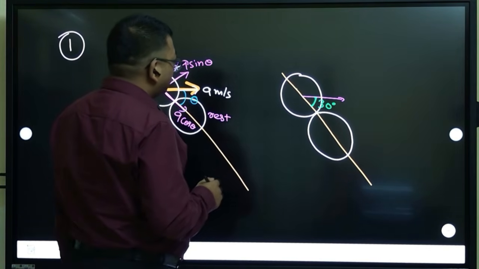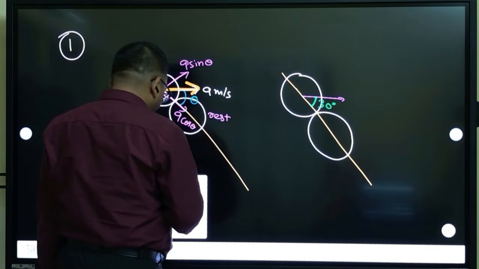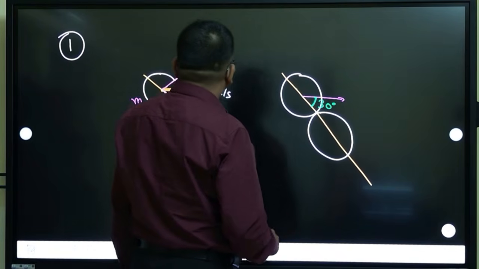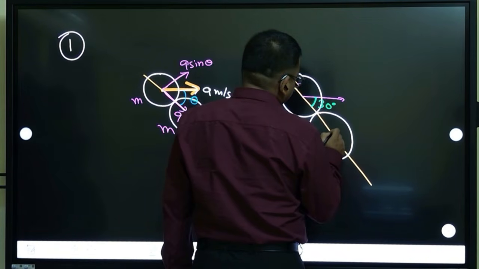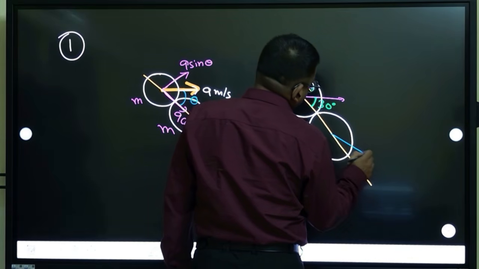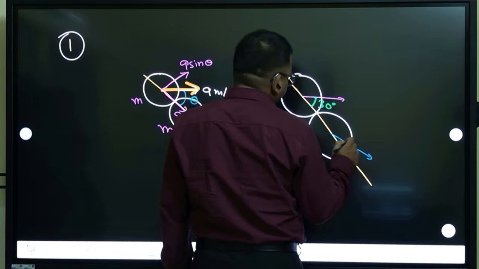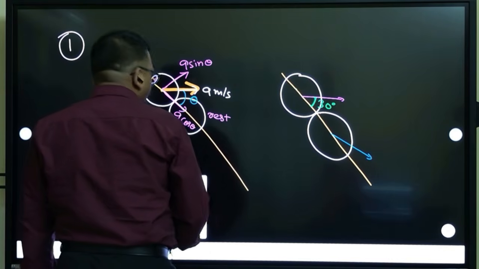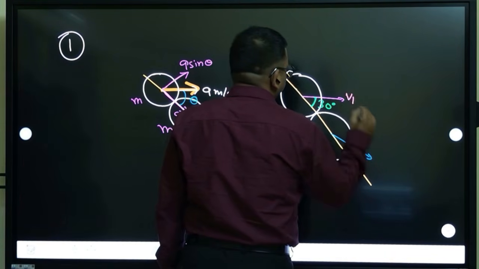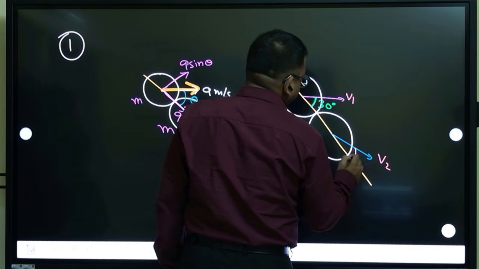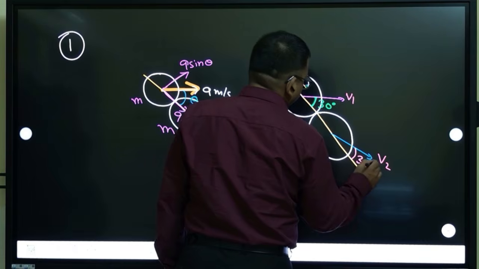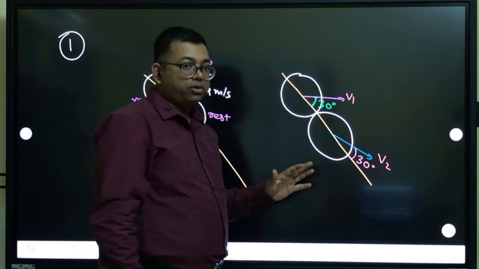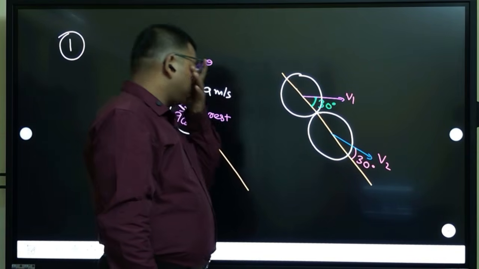And this will also be moving with 30 degree. What speed have they mentioned? Some speed will be there. We do not know. Let us say this speed is v1 and v2. These angles are given, 30 degree, 30 degree. We do not know whether it is up or down. But let us say it is like this.